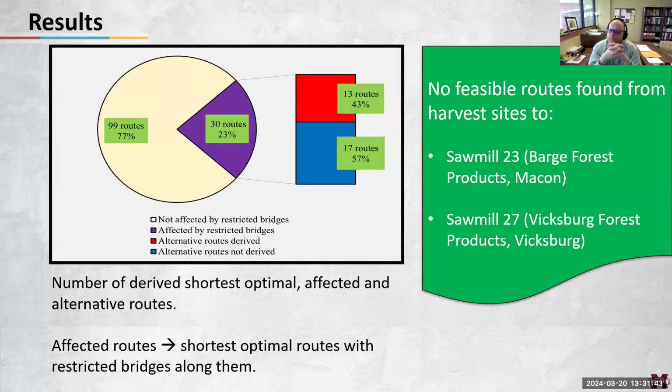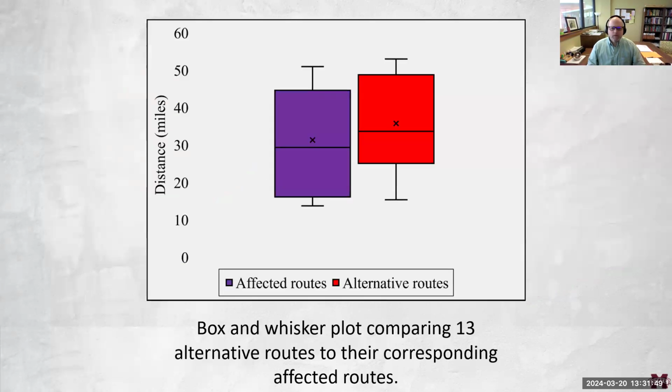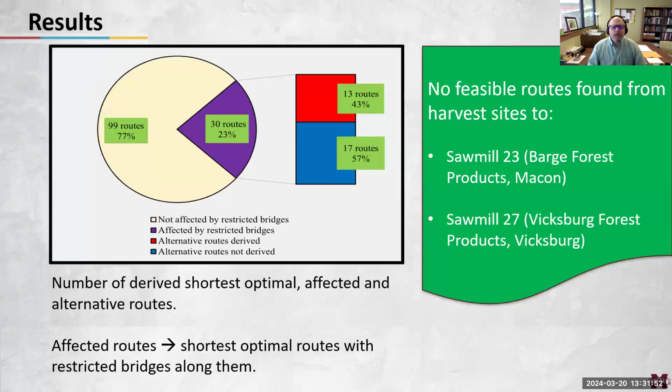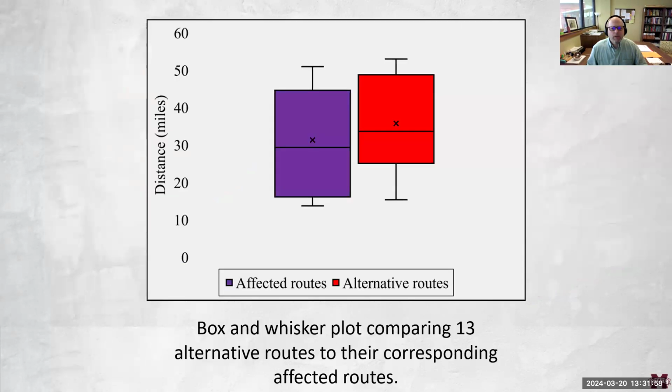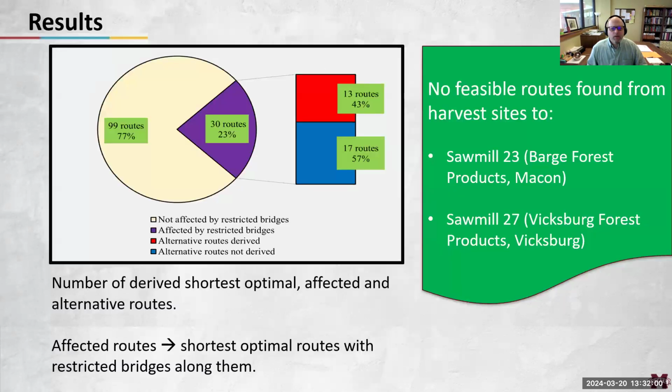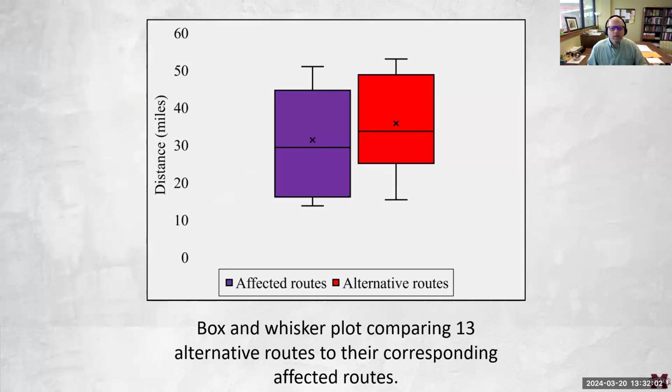Let's see, I think that's it for that. Yeah. So let's look further here. So we have our affected routes. That's our 30 there, right? And then we're going to pare that down again and look at the affected routes and then their alternative.